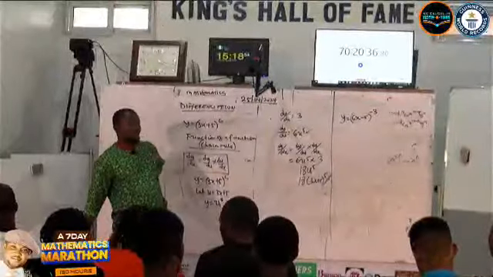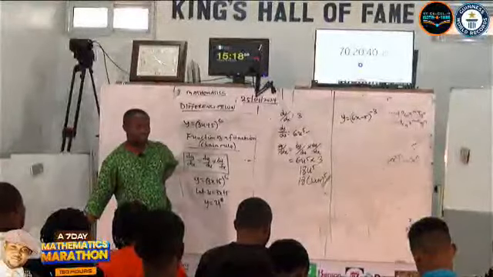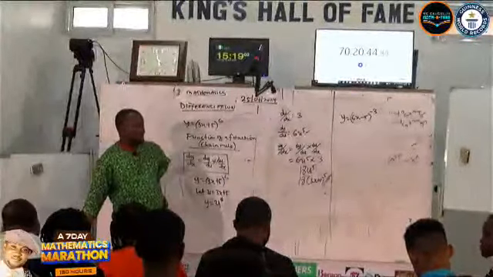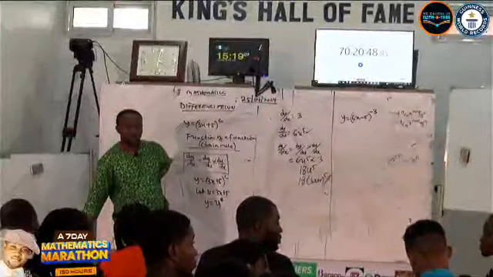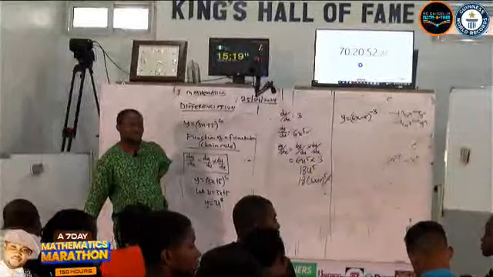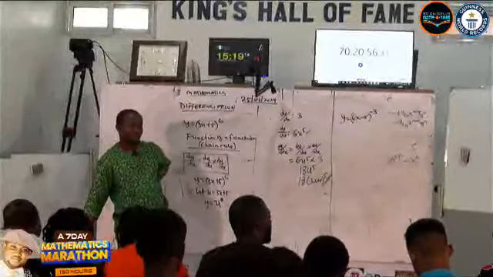When you now let u equal to that value, you differentiate. When you differentiate, you have du/dx, you have dy/du. You now multiply the product. When you multiply, you get the answer.